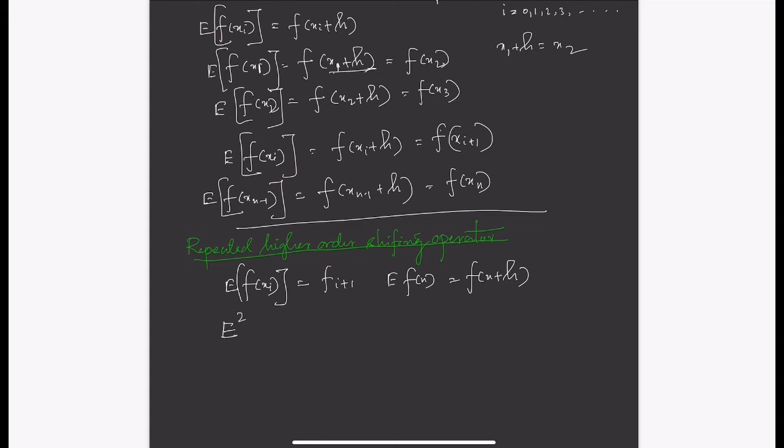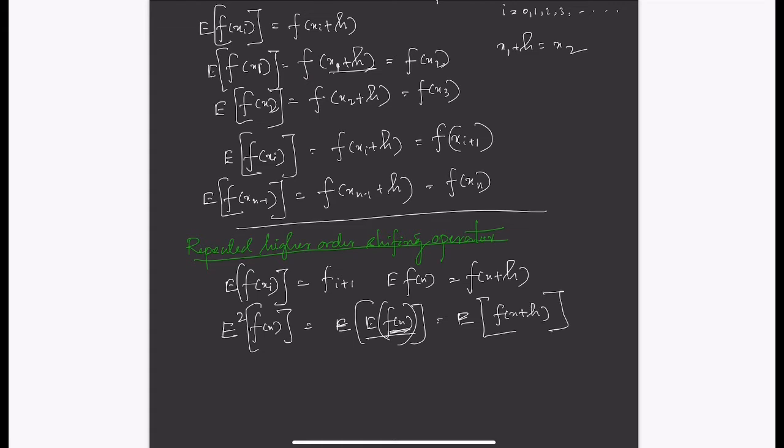Suppose the second order, E squared of f of x. How do you do this? E of E of f of x. We know that E of f of x is f of x plus h.